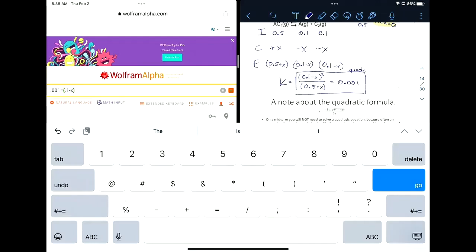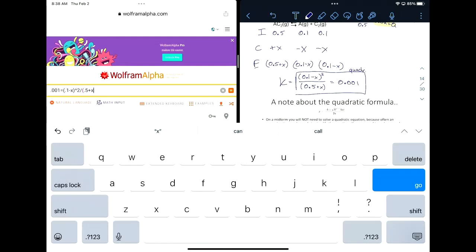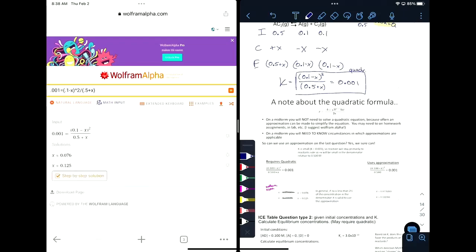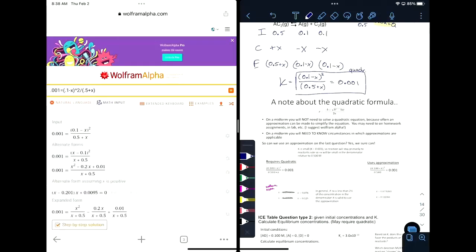Okay. Caret, where's my caret? Oh, there it is. Caret 2 divided by 0.5 plus X. Is that right? Okay. All right. And then you just hit go. Do it, Wolfram Alpha.